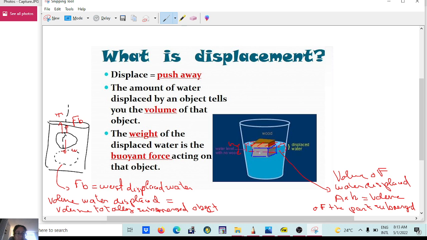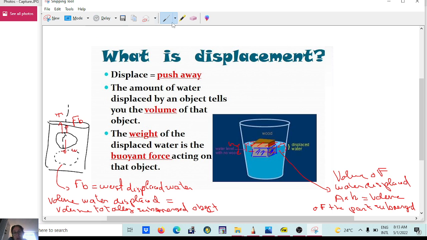Okay? So the volume here of the object partially submerged, so only the part that is inside the water, if you find that volume, it will be equal to the volume of the water displaced. So that part here will be equal to the volume that I have in red. So the blue will be equal to the red.